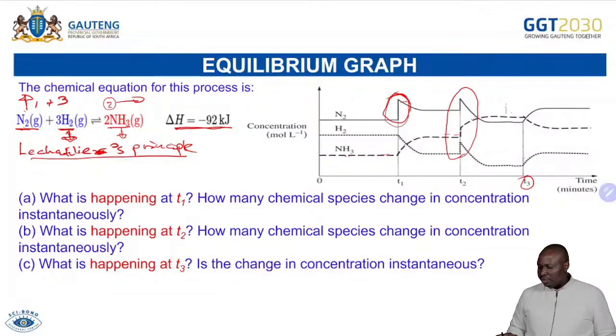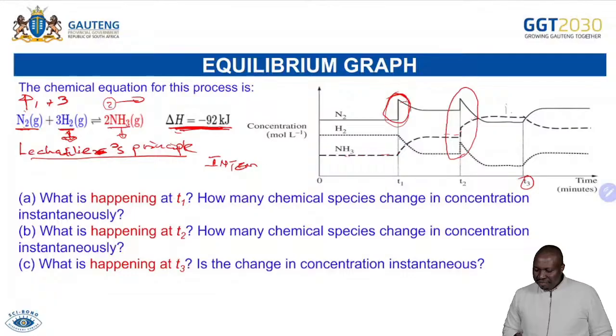Hence, the graph remains the same there. But because this is an exothermic reaction, if we increase temperature, remember what I said, an increase in temperature favors the endothermic reaction. And if you decrease temperature, it will favor the exothermic reaction.